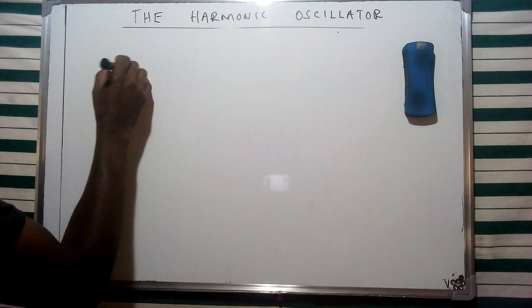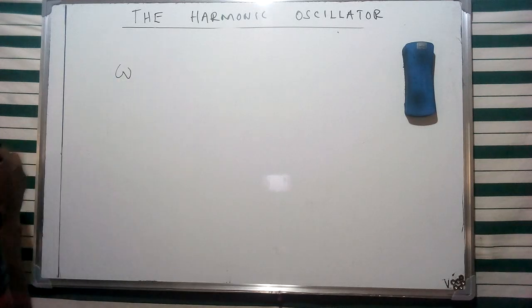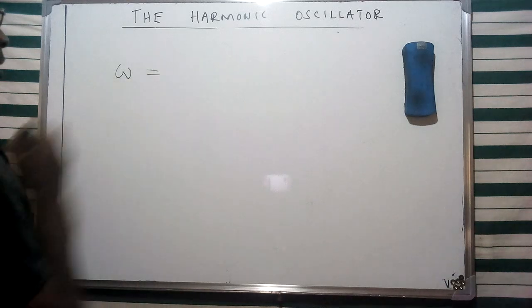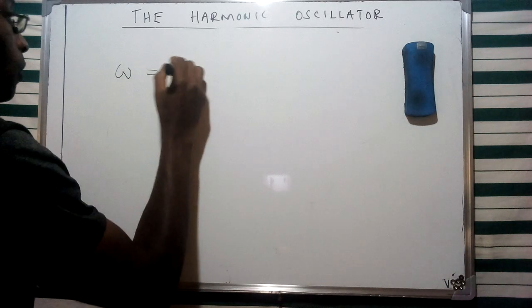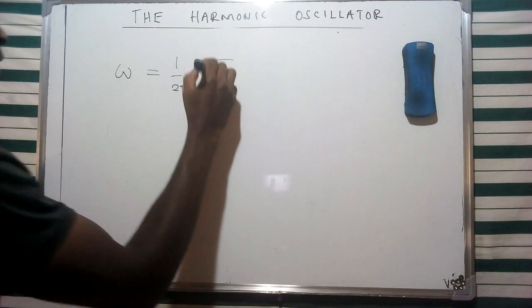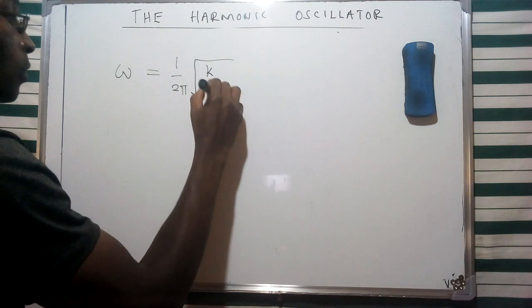and we had come up with a specific description of this concept of vibrational frequency given in terms of omega. And we said omega is equivalent to 1 over 2 pi and the root of k all over the reduced mass.